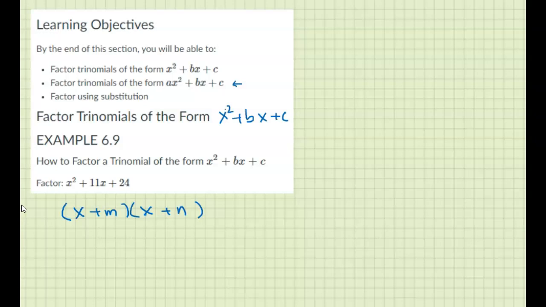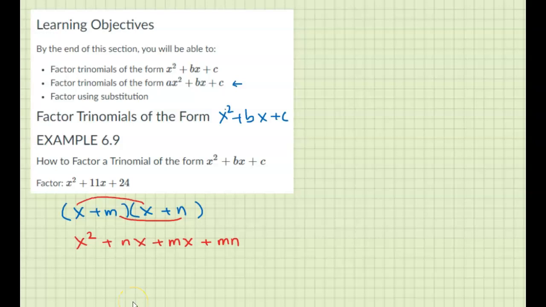So let's actually multiply this out and see what happens when we FOIL. The x times the x gives me the x squared. The x times the n gives me nx. The m times the x gives me mx. And the m times the n gives me m times n, okay?